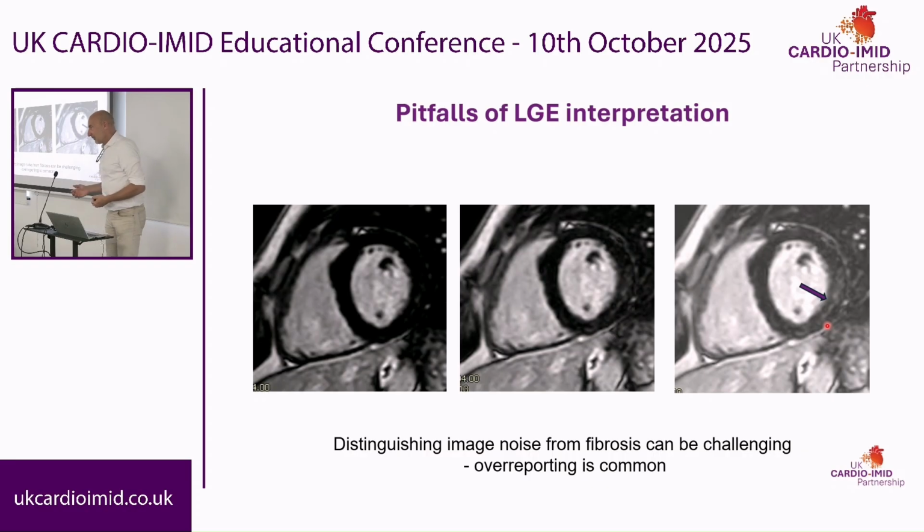There's also a lot of under-reporting with these subtle findings, because unfortunately pictures aren't always perfect. You don't always have perfect suppression of normal myocardium. There's often a little bit of noise in it, or the patient's taking a breath. So one of our most common conversations is around, is this true late gadolinium enhancement, or is it an artifact?